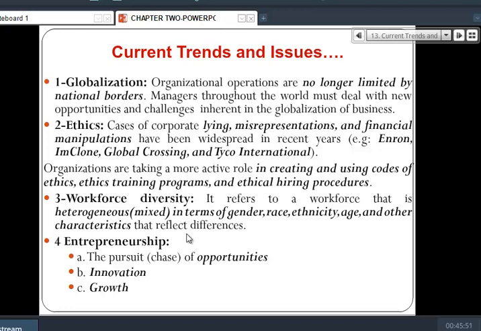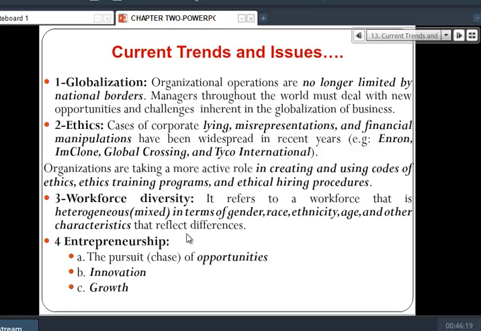Entrepreneurship here is the pursuit or chase of opportunities. If you have studied the entrepreneurship subject, basically it is seeking good and estimated opportunities, which are valuable and give money to the company.